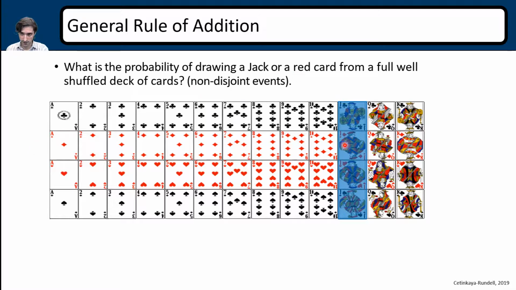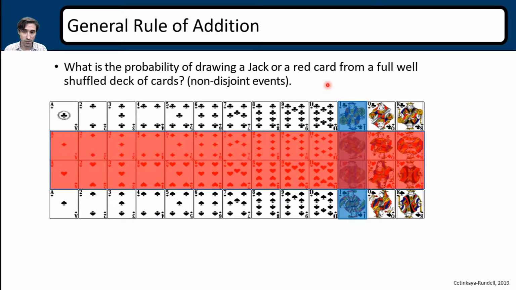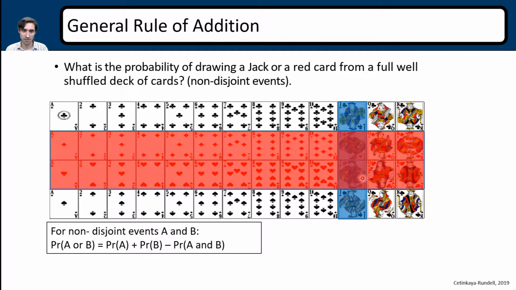There are 4 jacks, and we highlighted them in blue. And then, what is the probability of red? Well, we have all of these right here, and that's half of the deck, right? And there's a little bit of overlap with just 2 jacks. So that is the difference of a dependent, I don't want to say dependent. I almost did. This is disjoint. It's a dependent event. That is what I meant to say.